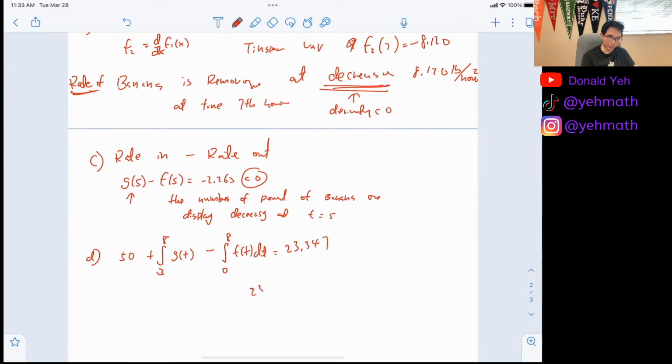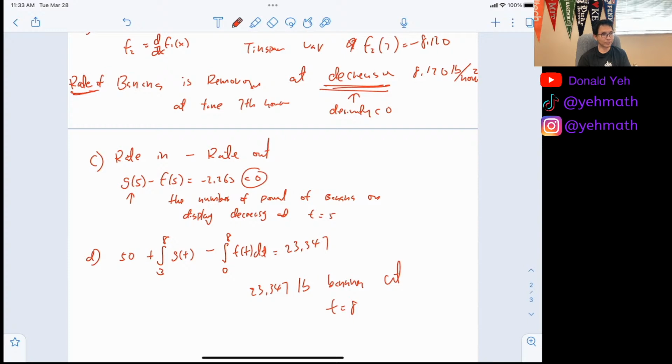And you can say 23.347 pounds of banana at t equal to 8. And you got 9 out of 9 here. That's why you don't want to type those equations over and over again, because you use them. Use g of t. For you, it may be f3, f4, I don't know.